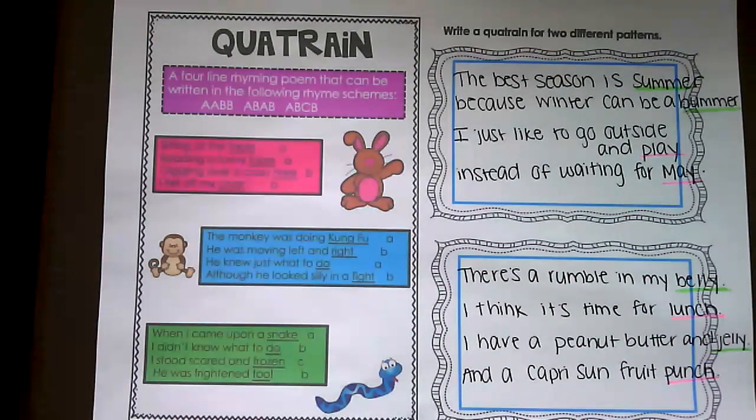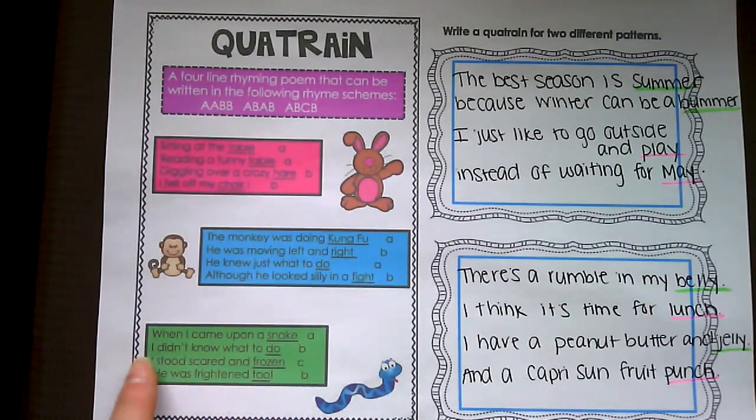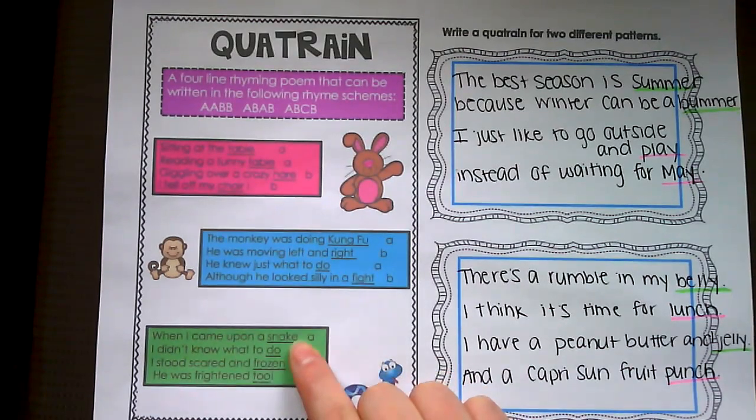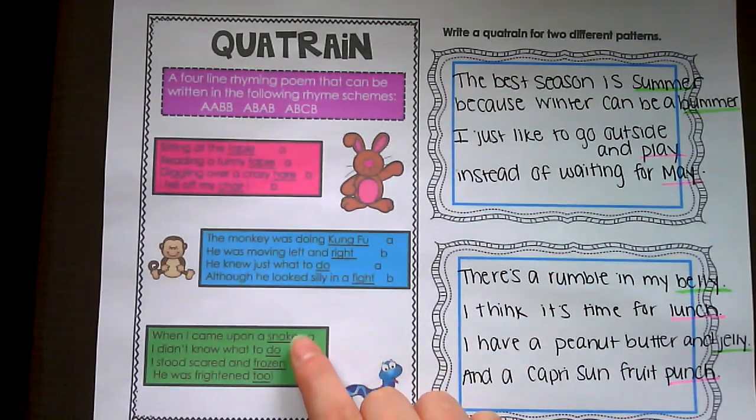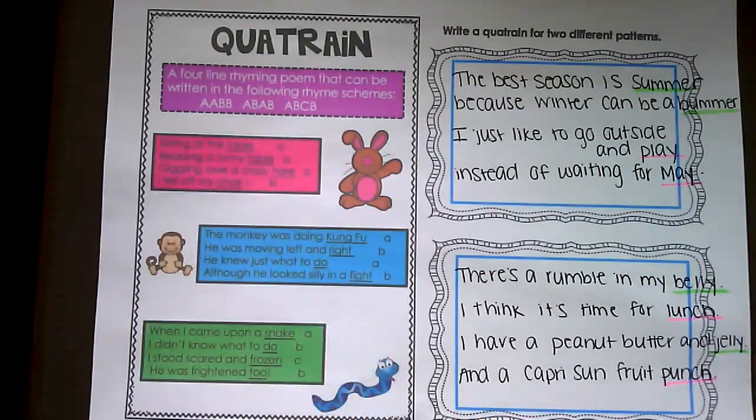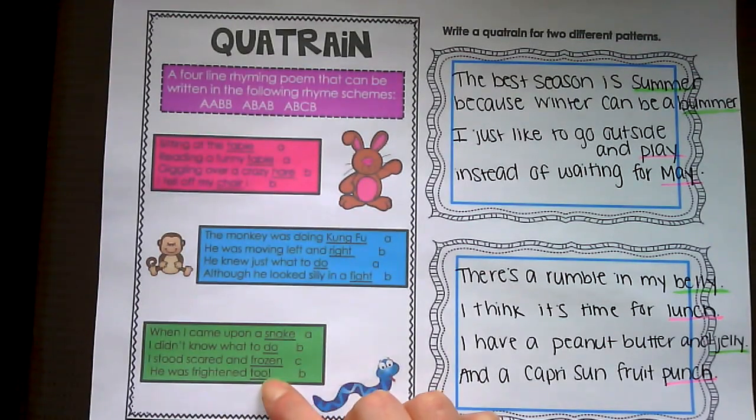All right, and the third type of quatrain poem is the A-B-C-B scheme. I won't practice that, but I challenge you to practice. So here's an example. When I came upon a snake, I didn't know what to do. I stood scared and frozen. He was frightened too. Notice that only the first line has that ake rhyme sound, and none of the other ends do.